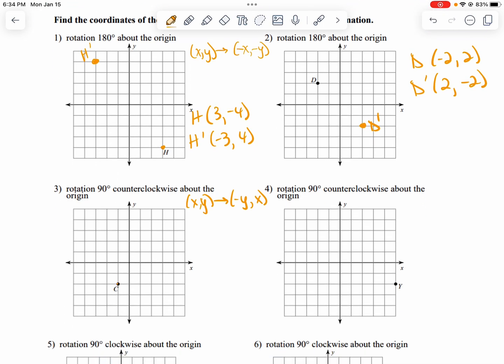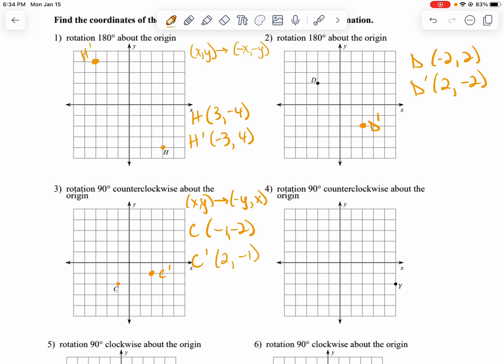So here is my pre-image, C. The coordinates of C are (-1, -2). So for C prime, we want the opposite of y, so it's going to be +2, and then x is going to stay the same. So C prime is going to be at (2, -1), and that's my new ordered pair.